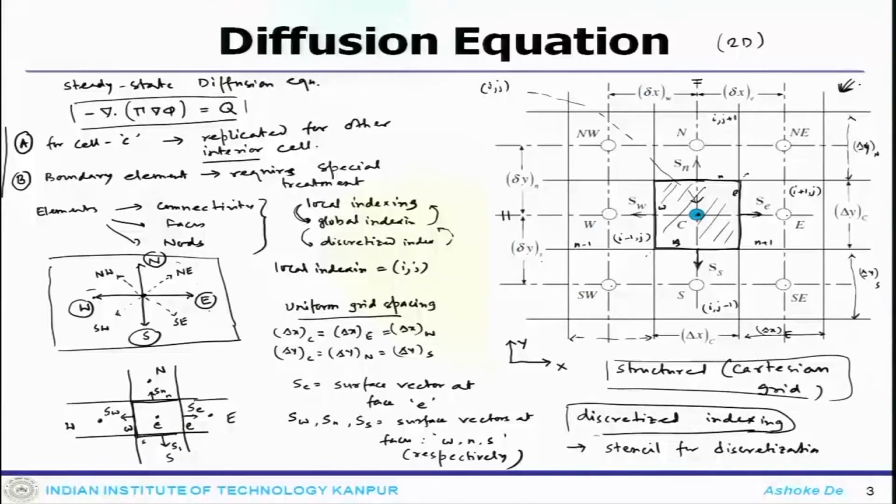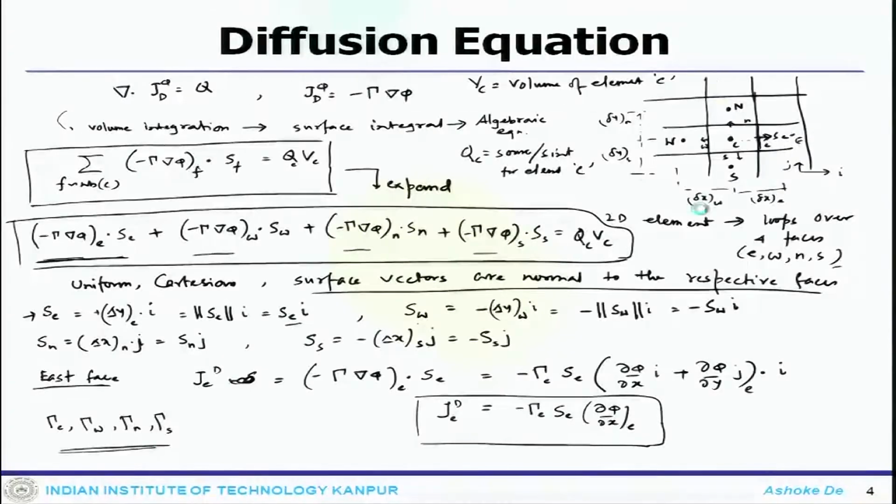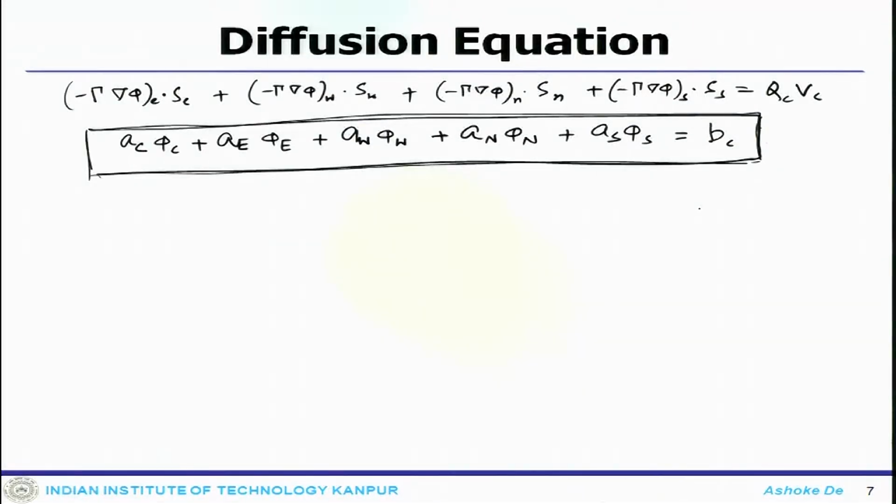For this 2D structured domain we are interested in one interior cell, so this is the interior cell C in a uniform grid. This is delta y, which is uniform, and this is delta x, which is also uniform.